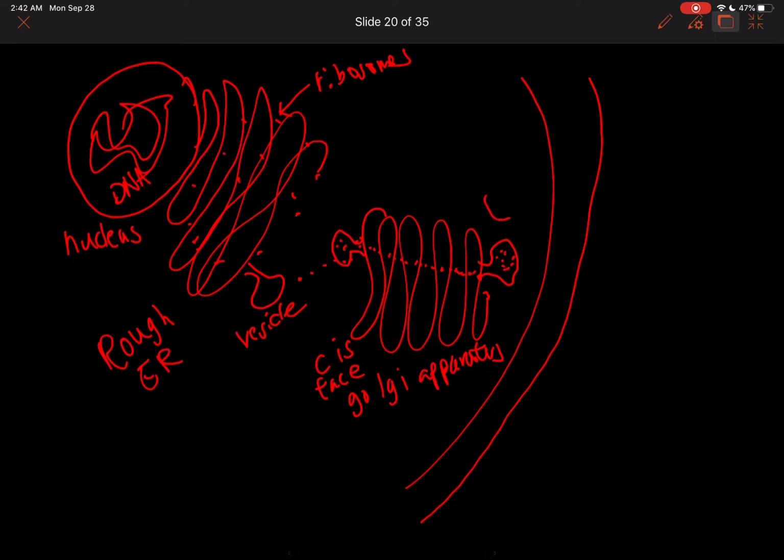And then that little vesicle will either go to other places in the cell or go to the plasma membrane and fuse with it to dump whatever contents outside of the cell into the blood, for example, or extracellular fluid within the body.